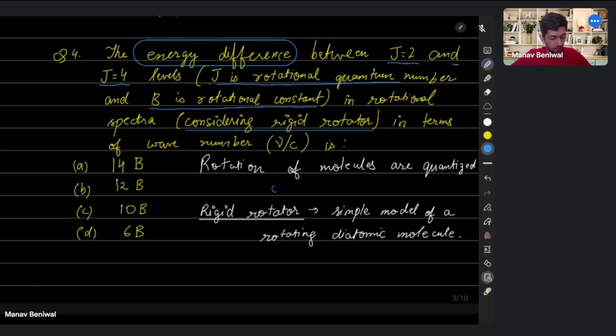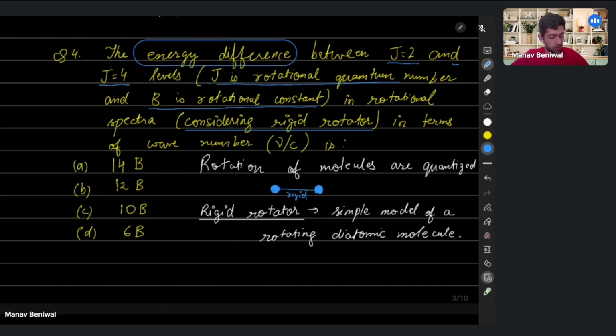Let's say this is one atom, this is the second atom, and they are connected by a rigid bond. So this is the model that we are using.